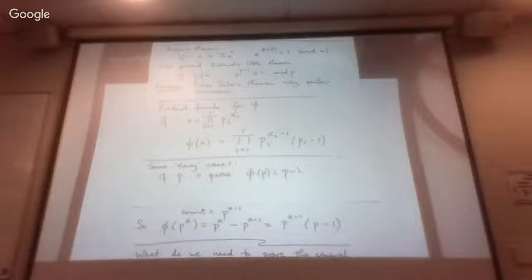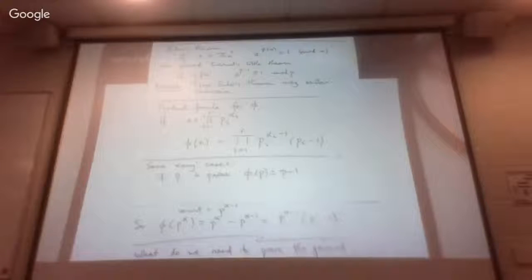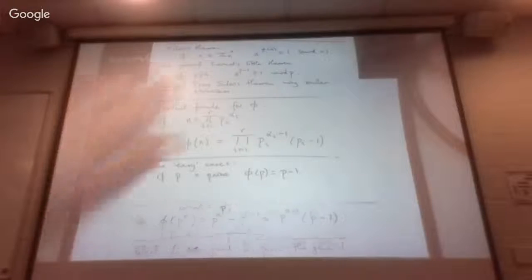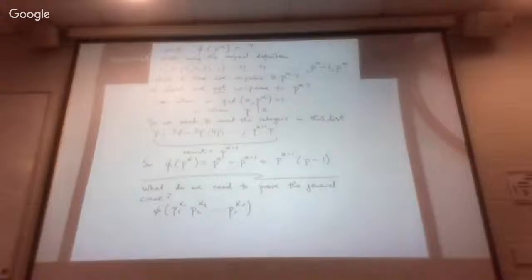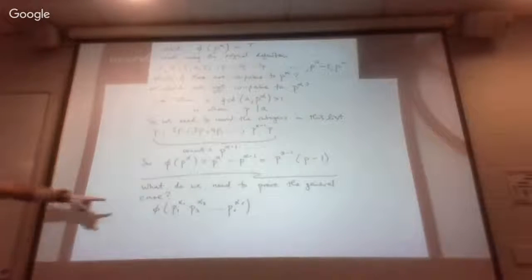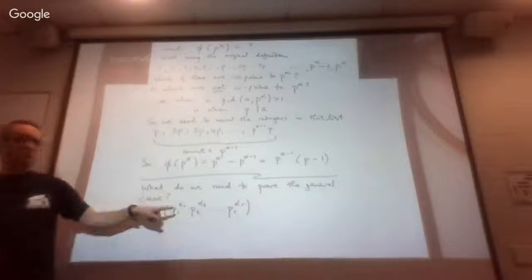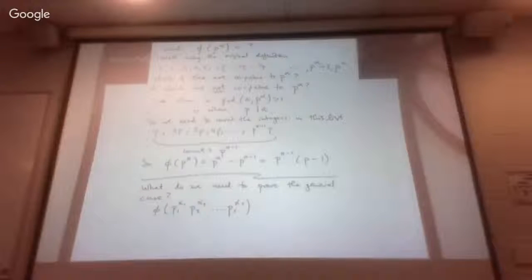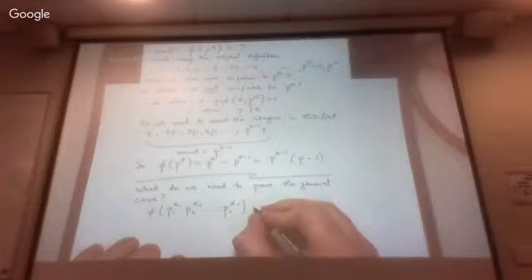So now we need to expand that up to the general case. What do we need to prove the general case? If we write it like this, it might draw it out a bit more. This is the shape of it. That's a general integer n here, some product of powers of primes. That's our phi of n.